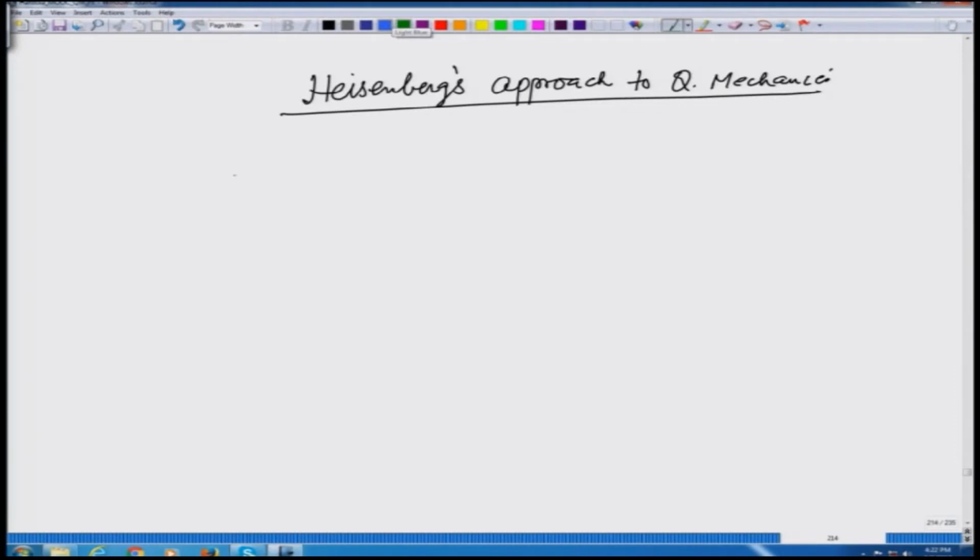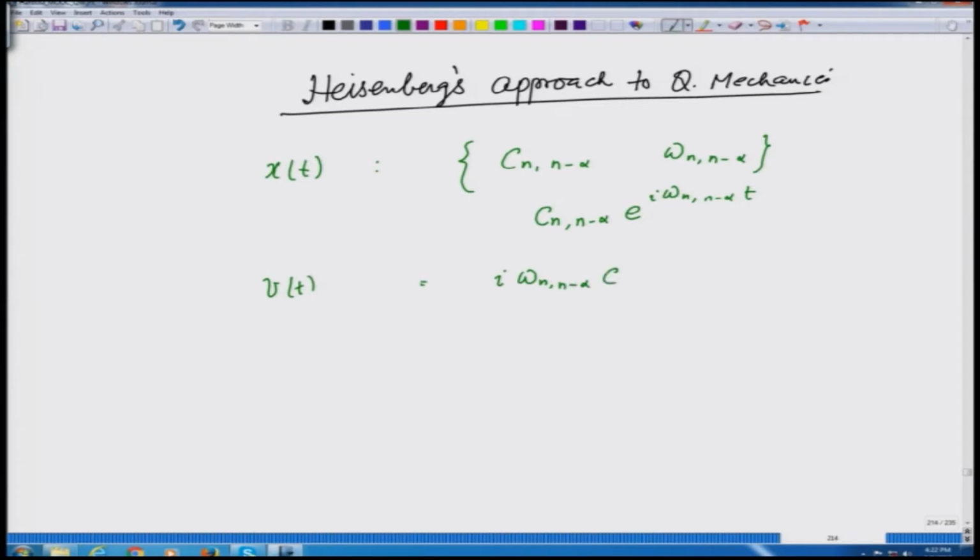So, what Born, Heisenberg and Jordan together did was to consider that x(t) was given by a collection of numbers C_{n,n-α} and ω_{n,n-α}, and the coefficient's time dependence was given by e^{iω_{n,n-α}t}, and therefore the corresponding velocity became iω_{n,n-α}C_{n,n-α} times e^{iω_{n,n-α}t}, and therefore the coefficients for velocity were iω_{n,n-α}C_{n,n-α} and ω_{n,n-α}.